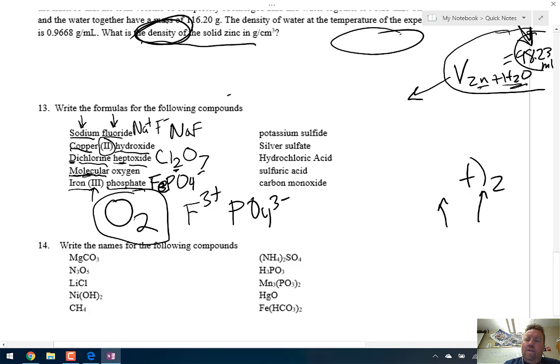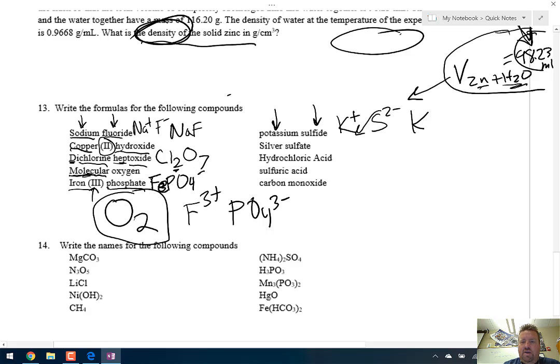Okay, the right column, let's look at those ones. Potassium sulfide, metal, nonmetal, so it's ionic. Potassium is +1. Sulfur has a -2 charge, so that 2 has to come down here, making it K2S. Okay, silver sulfate, silver metal, sulfate nonmetal. So therefore, another ionic one.